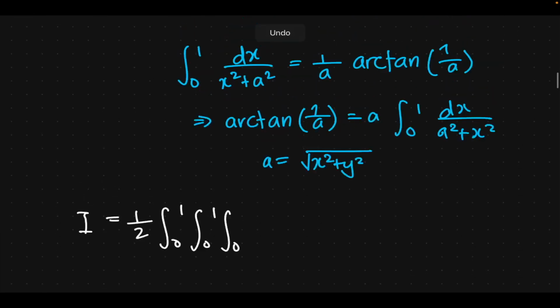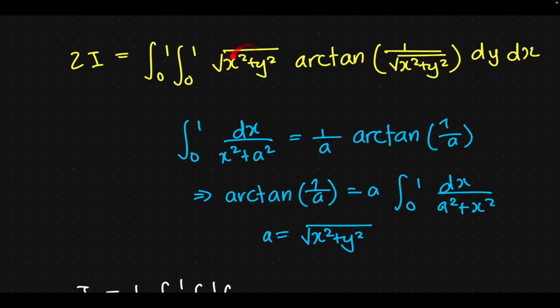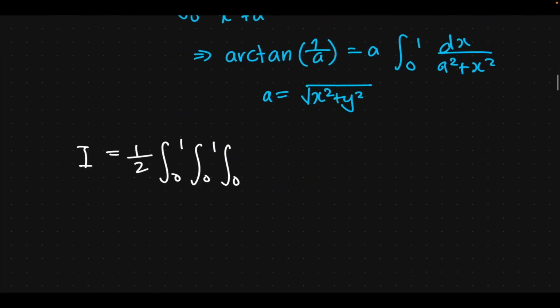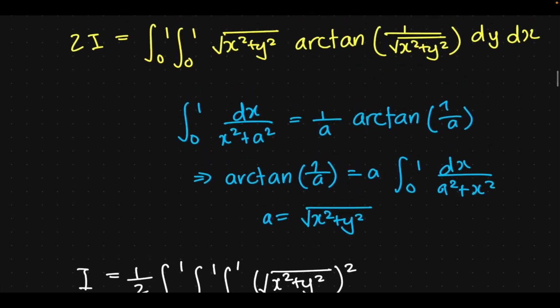We have a times this original factor here, so that will square up to x squared plus y squared, the whole squared. Why are we getting a square? Because we got an extra factor of a using this formula. And that is the same factor as the one we had here, so that squares.